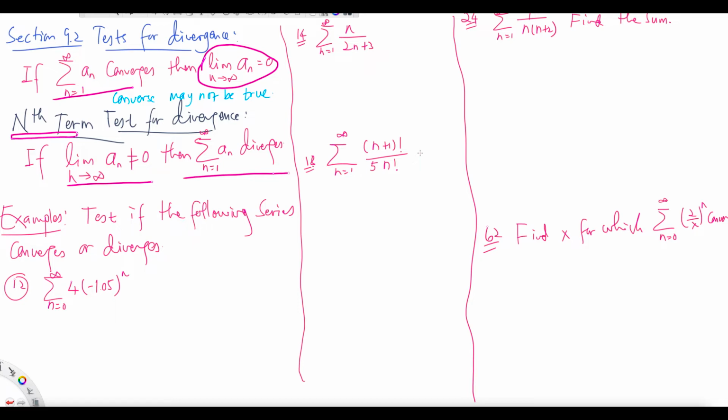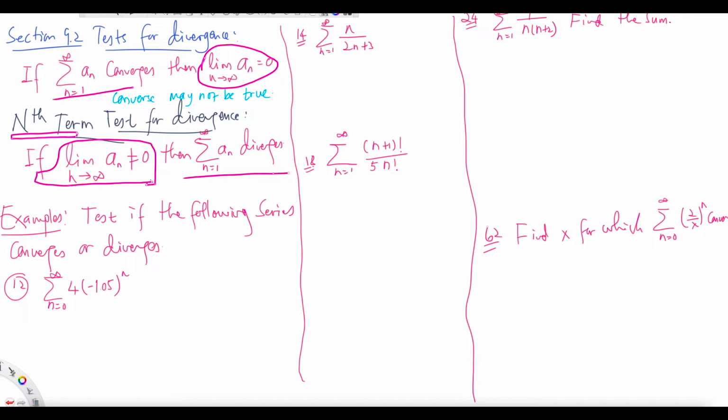So look at the nth term of the series. If the limit of the nth term of the series is not equal to 0, then the series diverges, okay?